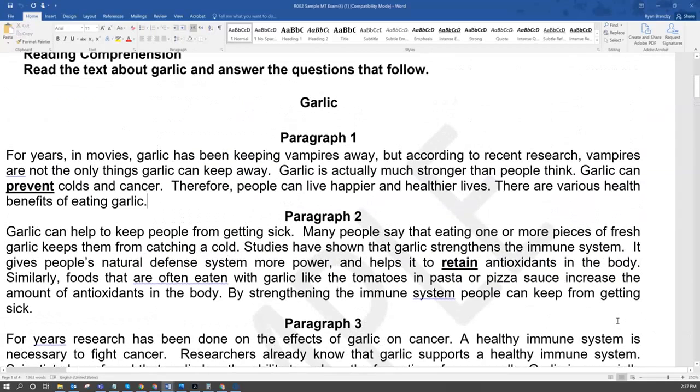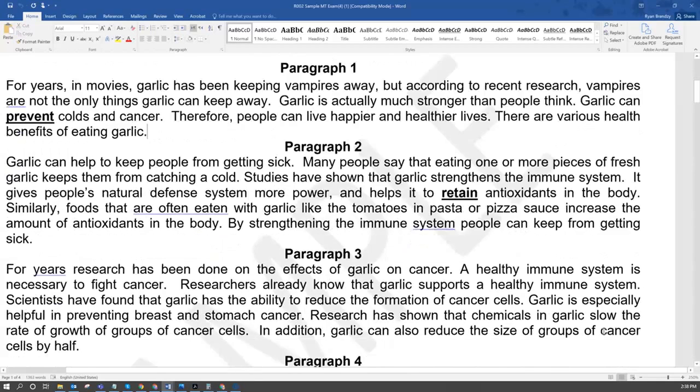Remember, we want to go through and highlight important words like not, or can or can't. These are positive or negative words. We want to highlight them so that if there are any tricky questions, we can realize those positive and negative words.